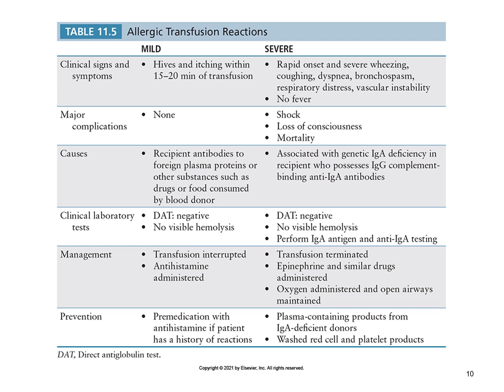As far as prevention, once a patient is known to have an allergic reaction, it's always going to be suggested to pre-medicate that patient with some sort of antihistamine before you actually give that product. And with a patient that has a history of anaphylaxis, plasma-containing products from an IgA deficient donor may be necessary, as well as using washed red cell and platelet products.